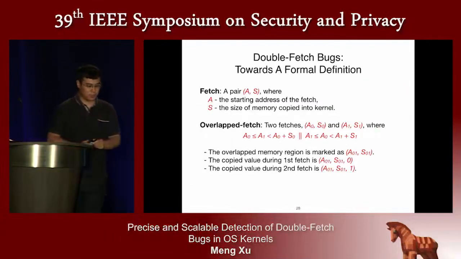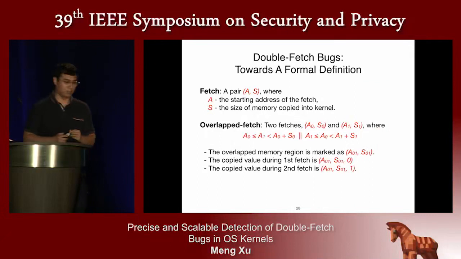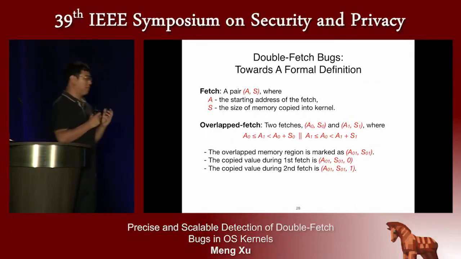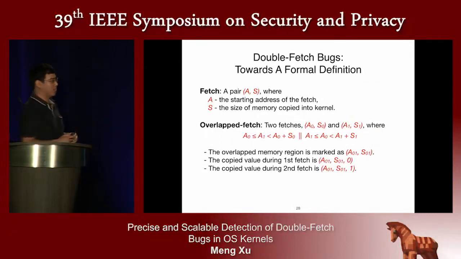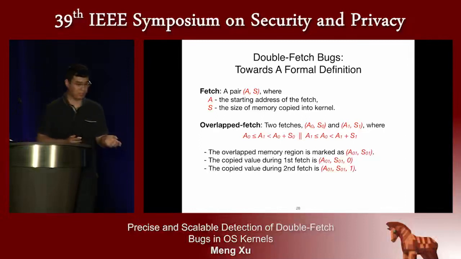So how do we define the double fetch bugs? Basically, a fetch is just a pair: a starting address in user space and how many bytes you're going to copy to the kernel. The next thing is, if you say you're going to have a double fetch bug, the 2 fetches have to overlap.